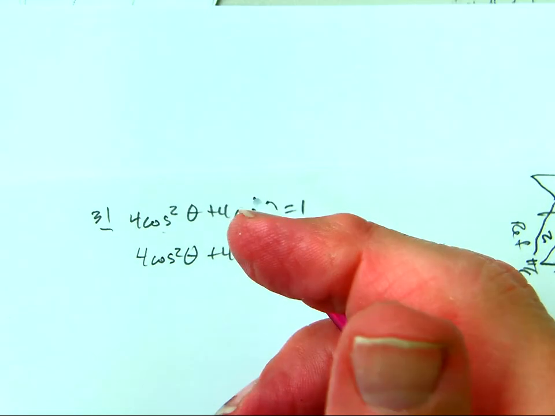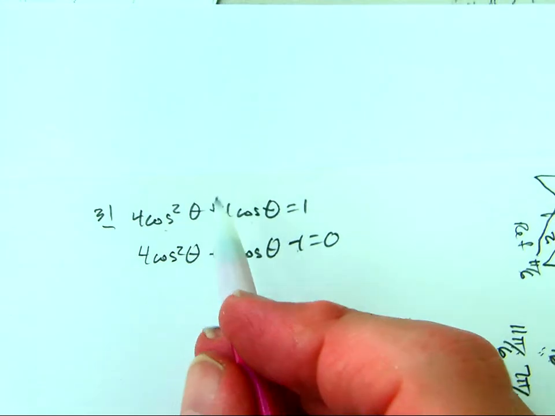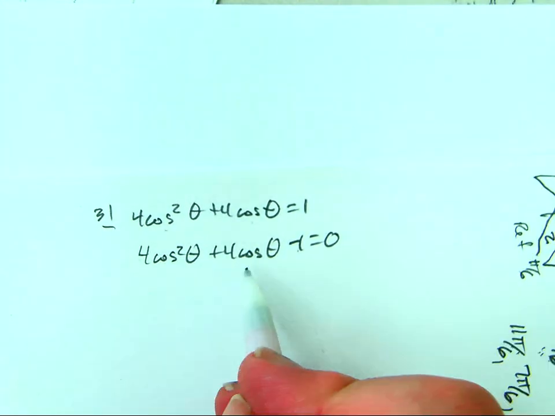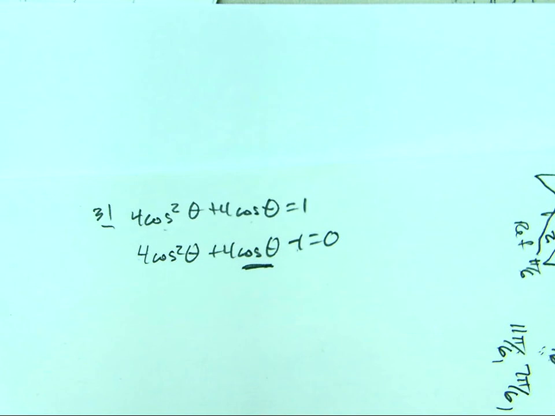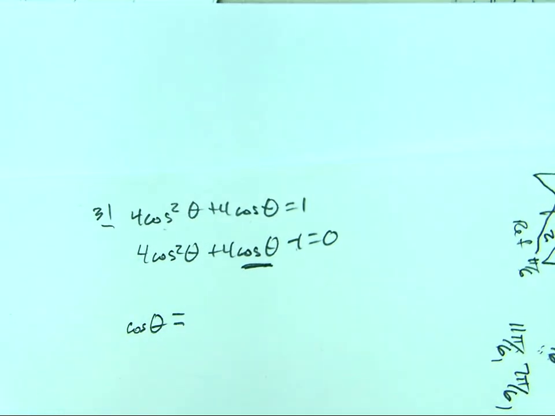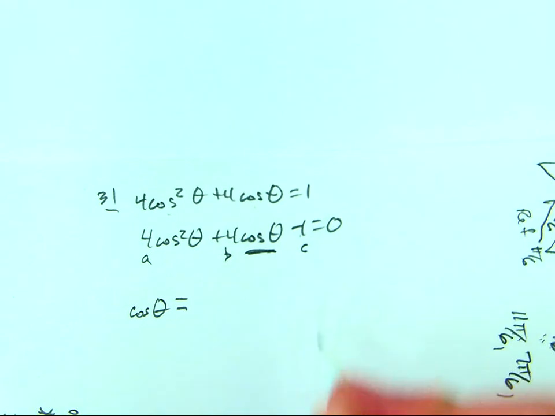So when it doesn't factor, if it's a quadratic, we can still use the quadratic formula. The only difference is in algebra, you had x equals the quadratic formula. But here, our variable is actually cosine theta. So we start with cosine theta equals. Well, now we have our a, b, and c.